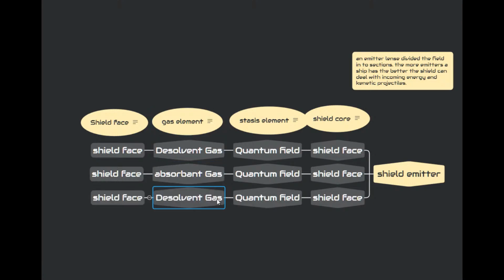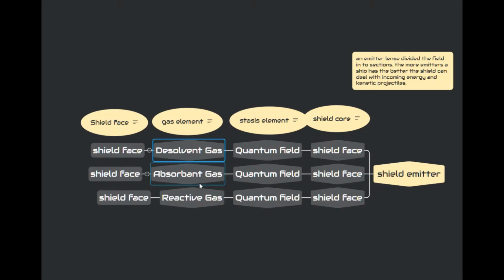So we can have gas elements. I think we can use absorbent gas, dissolvent gas, absorbent gas. So basically, absorbent gas, chemical reactive gas. Okay, I don't think we should use reactive gas. There's got to be another type of gas that we can think of. Gas types. Reactive gas can be like a chemical gas and absorbing.